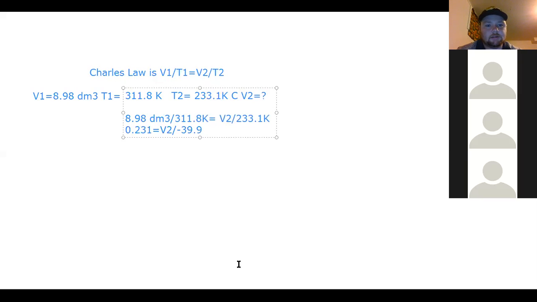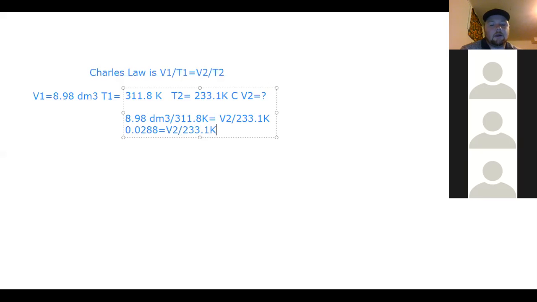All right, so now I have to redo that in one number. 8.98 divided by 311.8. Okay, and so you're going to have 0.0288. And then this will be 233.1 Kelvin.